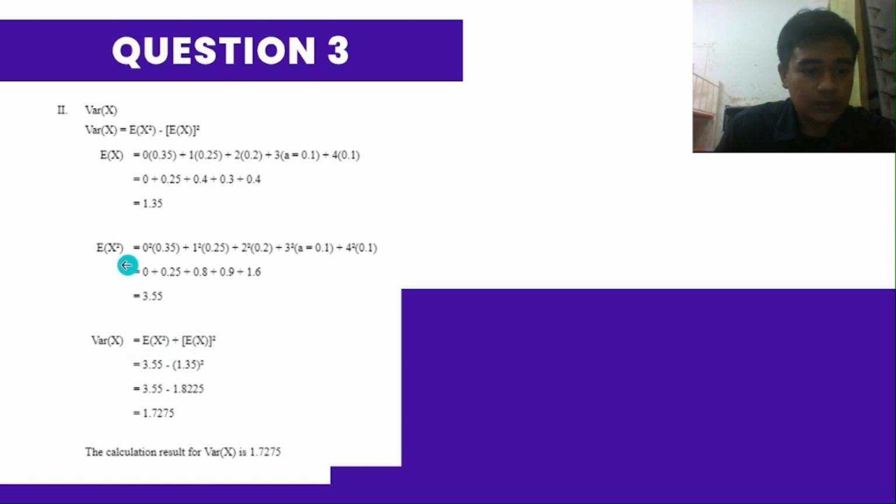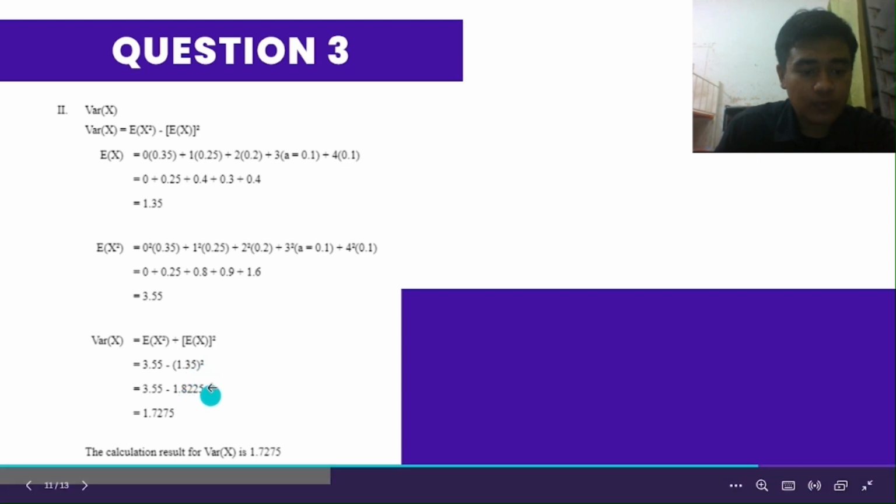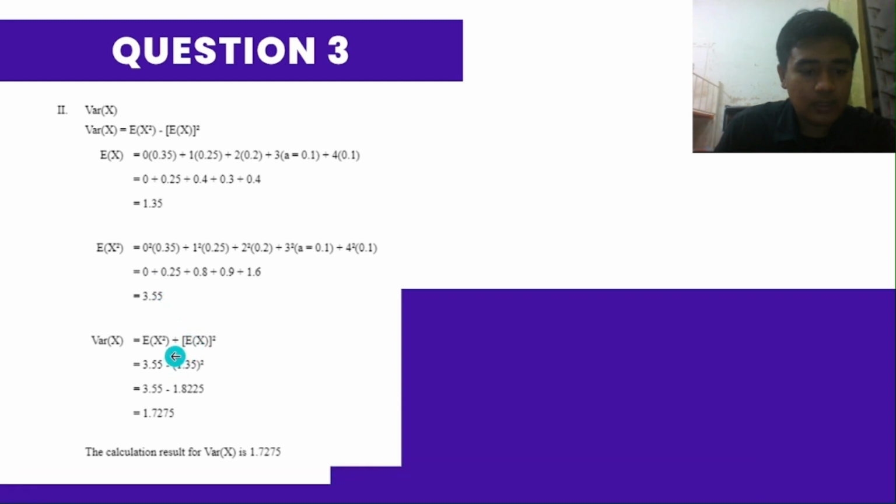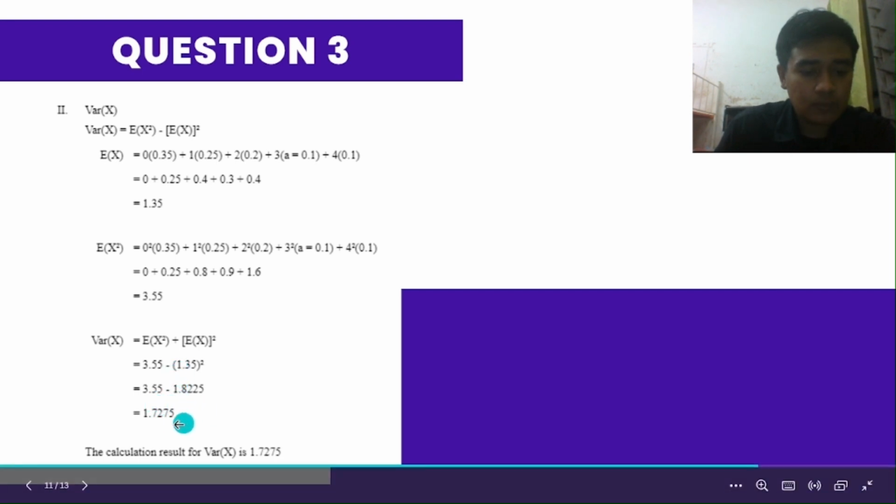Then we take E(x) and calculate the whole thing to the power of 2, which gives 1.8225. We take 3.55, put it in the correct place, and if we subtract, we get 1.7275, which is the calculation result for the variance of x: 1.7275.